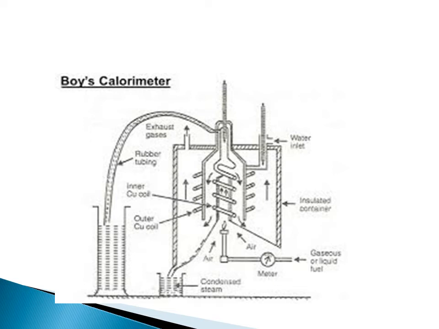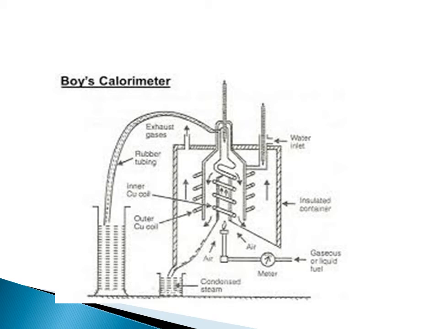The H2O forms in the form of steam, and because of the insulating chamber it condenses, and that condensed steam also we have to collect. Then one more big beaker is shown, which collects the amount of water we have circulated, so the mass of that water is also with us.